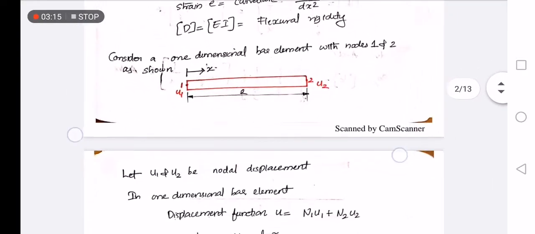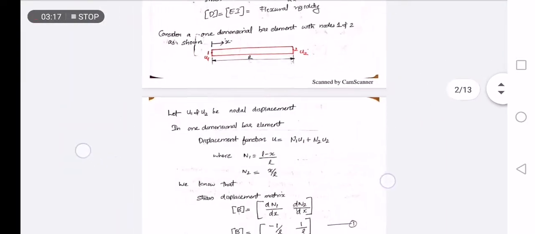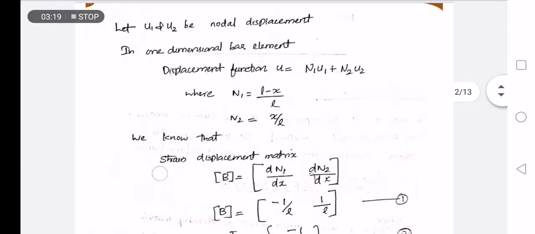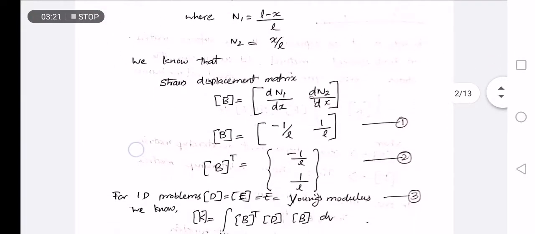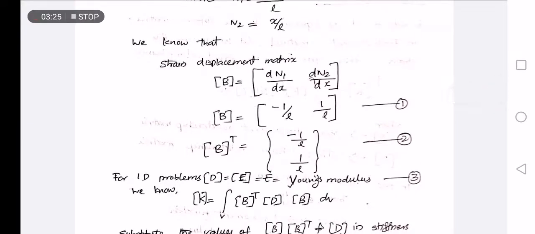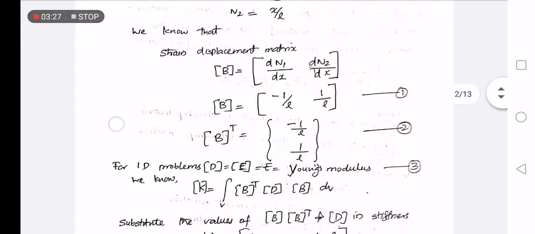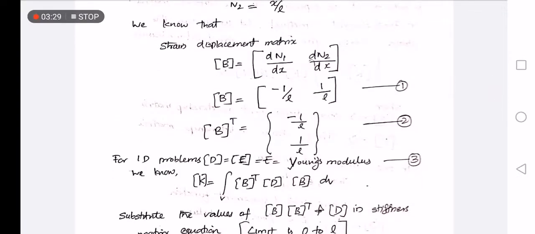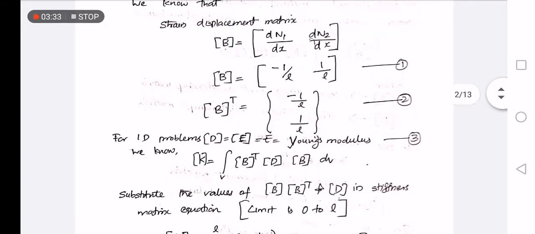After we get B, we will transpose it, which we need to substitute. Okay, for one dimensional problem we already mentioned D, or the elasticity matrix, is Young's modulus. So we will substitute all these in the main equation, the stiffness matrix equation K.